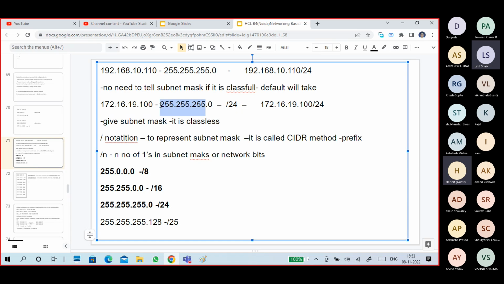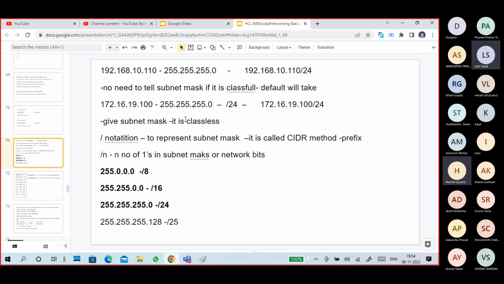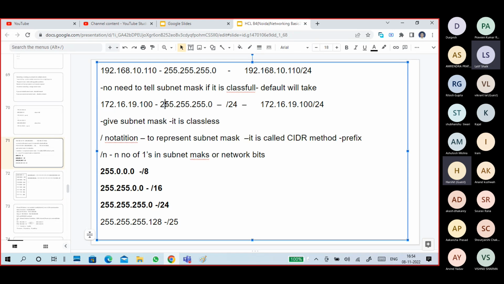It is the number of ones in the subnet mask. 255 means one octet, 255 means 8 ones. How many 255s are there? Three. 3 into 8 is 24. That's why it is written as slash 24.